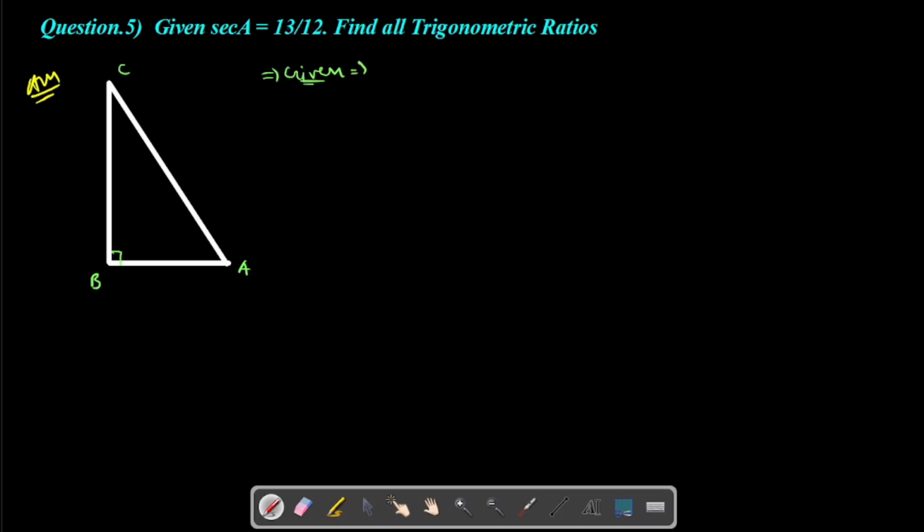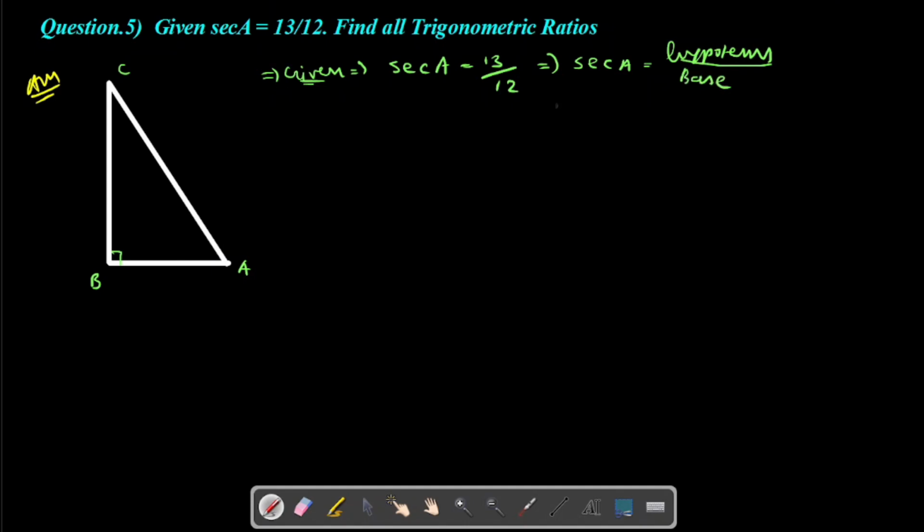We have been given that sec A is equal to 13 upon 12. It is given in the problem. So what is sec A? We already know that sec A is equal to hypotenuse upon base.